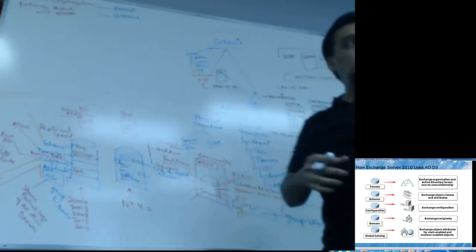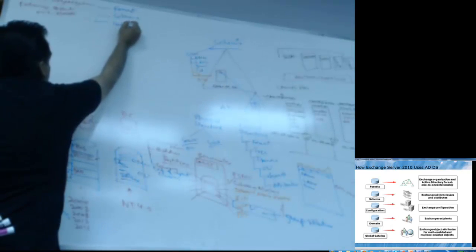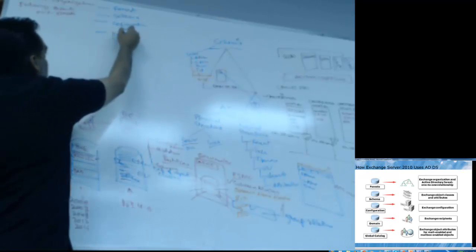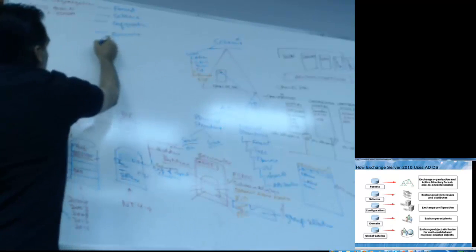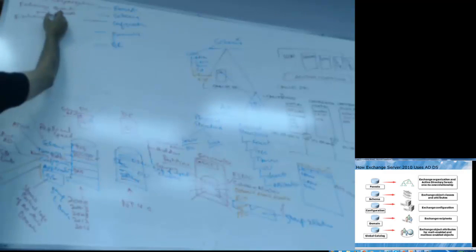Next, Exchange configuration is stored in the configuration partition. So you have the configuration partition, then Exchange recipients, then the domain, and then the GC. In configuration, you have Exchange configuration.